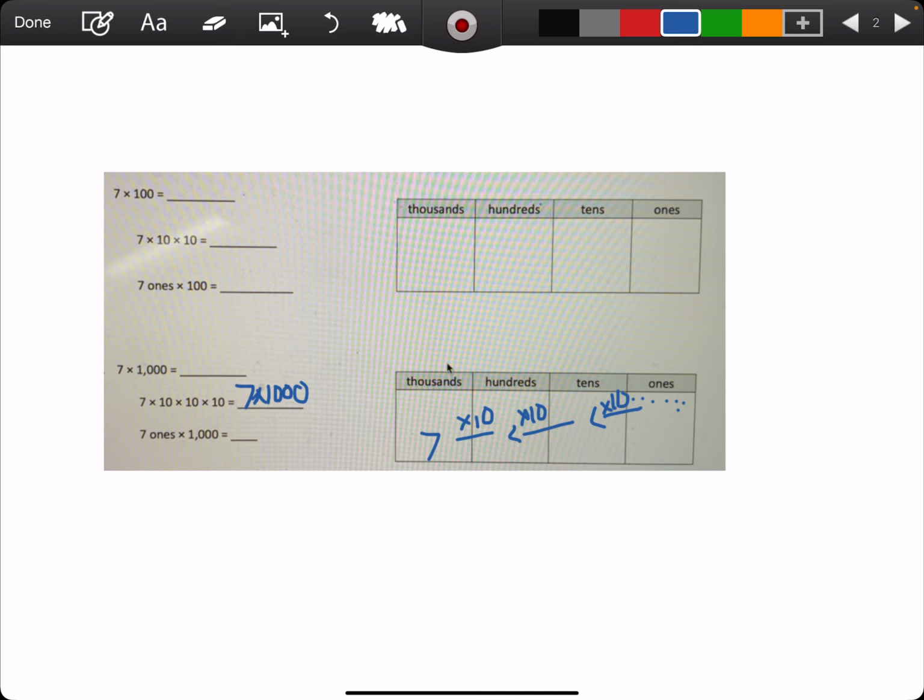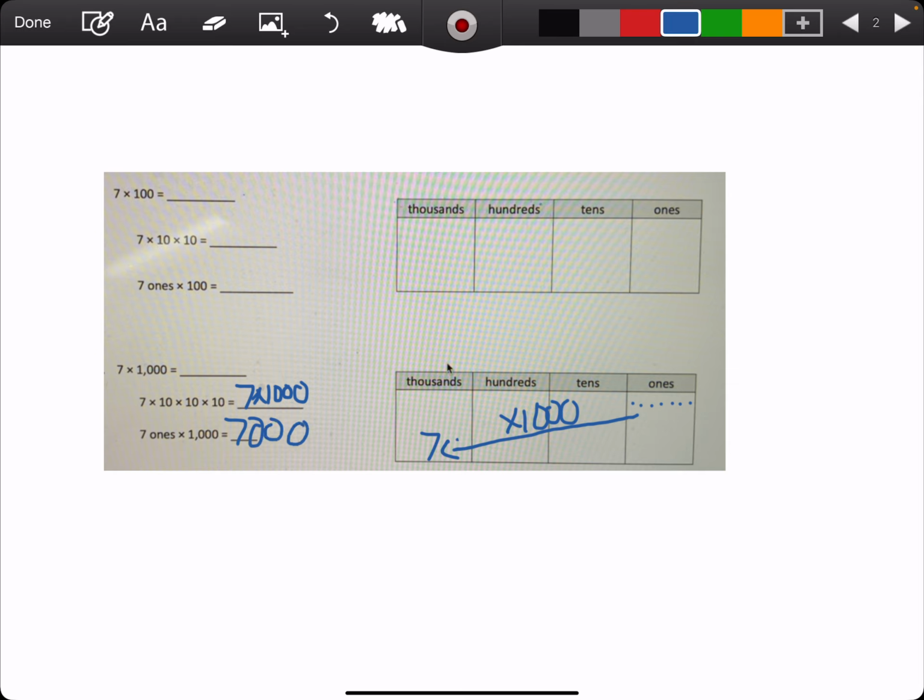I've gone 3 place value positions, or I can go from here straight to here and times it by 1,000. And we've got 7,000 as our answer.